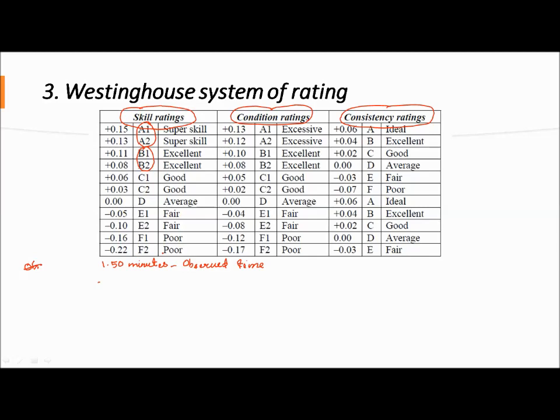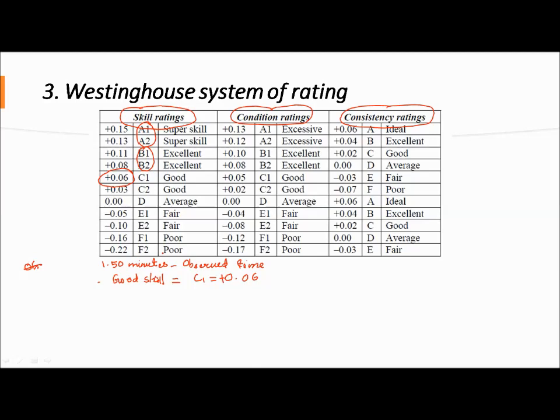Suppose the worker has, for example, good skill, of say higher quality, then you go for C1 and you take the rating value. And what is the value there? That is 0.06, and this plus sign is very important.